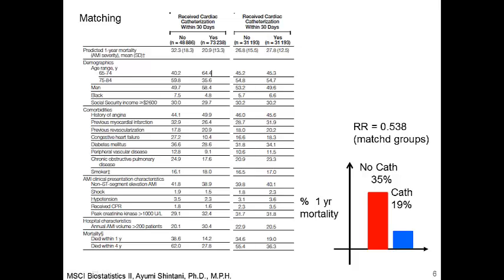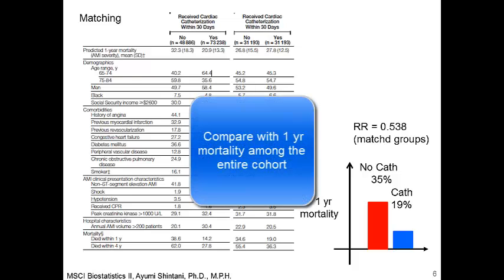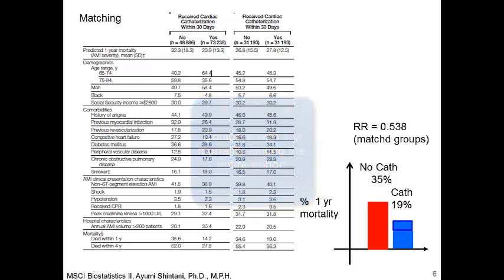Among this matched cohort, if you compare 1 year mortality, it becomes 35% in the non-catheter group and 19% in the catheter group. So the ratio is a little bit larger than before, and when you recompute the relative risk, it becomes 0.538. So there is a 46% reduction in risk of death by using catheter. Okay, so this is a technique called matching.